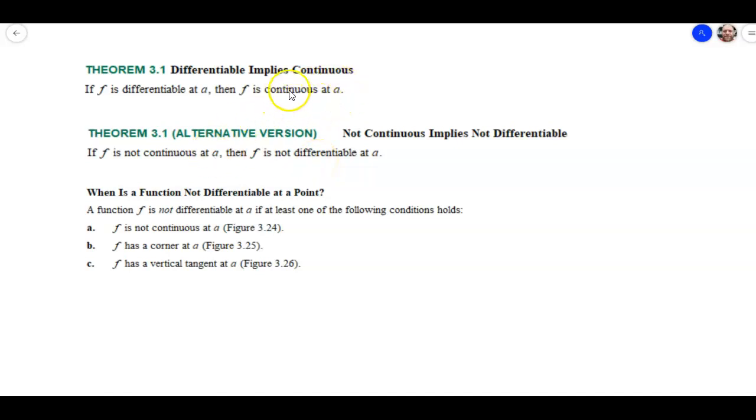That's when we change the order. So this is if a, then b. The contrapositive would be if not b, then not a. So take the negation of the second part, put it first, and then take the negation of the first part. So if f is not continuous at a, then f is not differentiable at a.